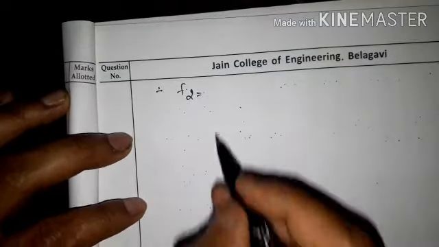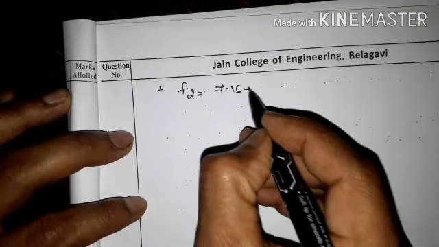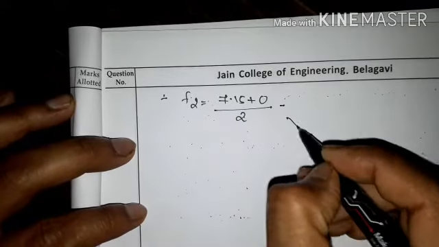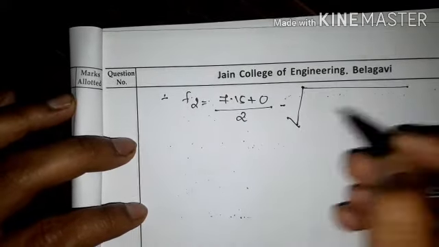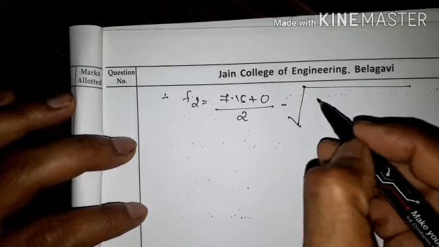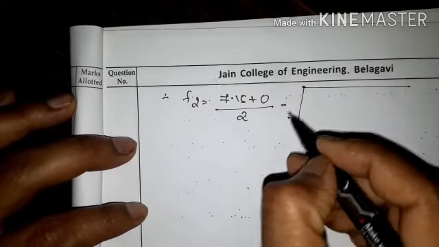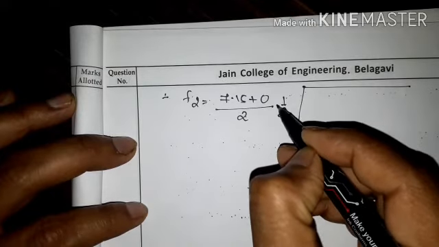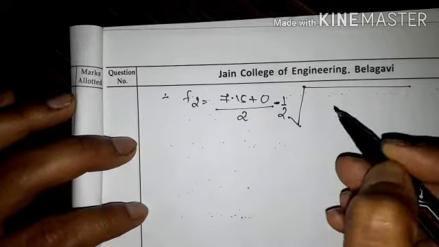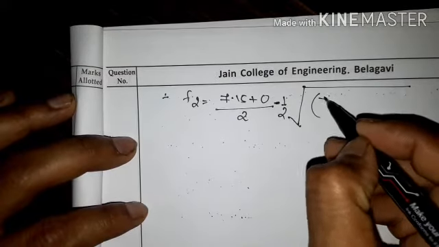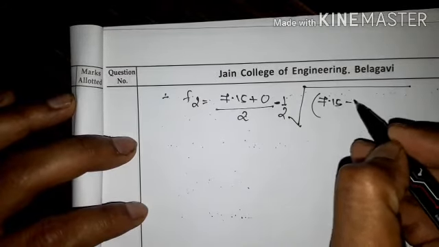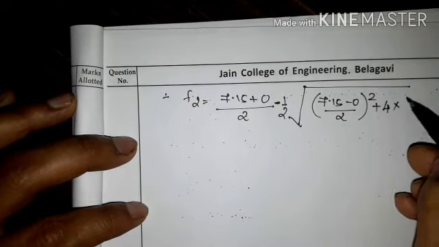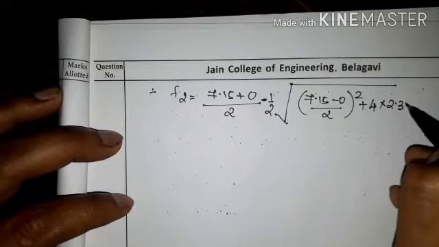We directly find F2, that is Fx plus Fy divided by 2, minus, because it is the principal tensile stress, half of the square root of 7.15 minus 0 divided by 2 whole square plus 4 tau, that is 2.35 square.